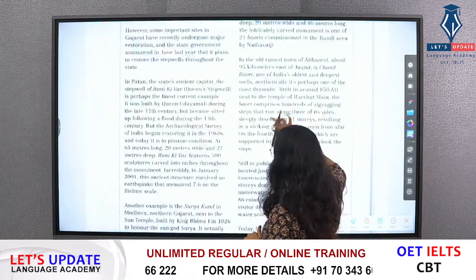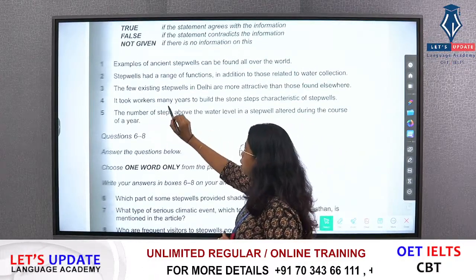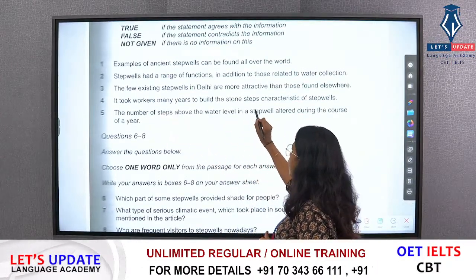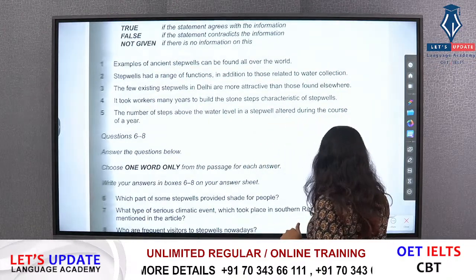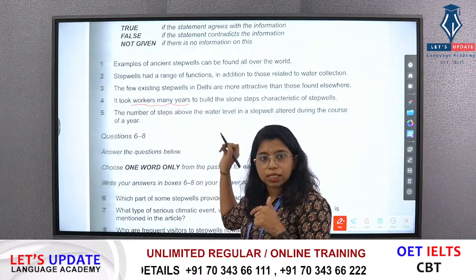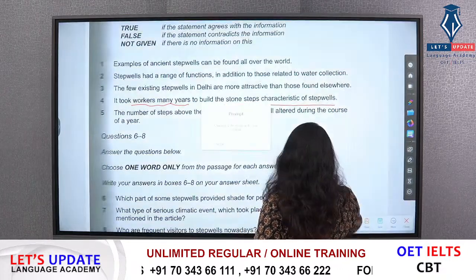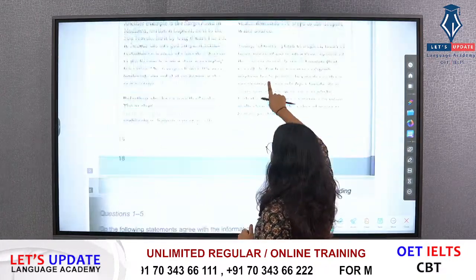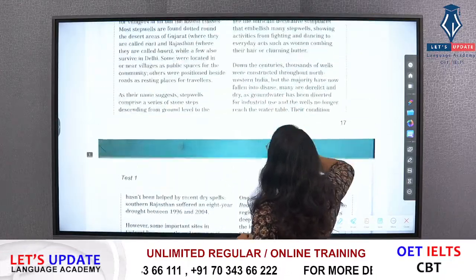Alright. So moving to the fourth question. It took workers many years to build the stone steps characteristic of step wells. So we have to look for the duration they took to build these step wells or the steps. So we just move to the passage. Okay.